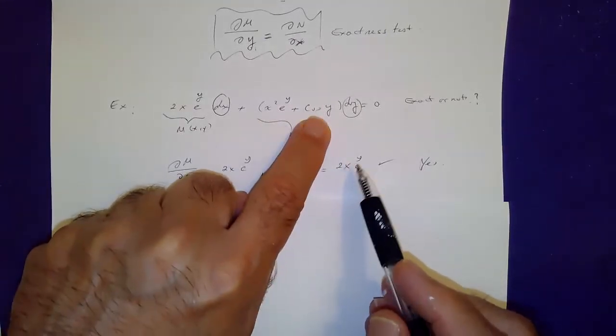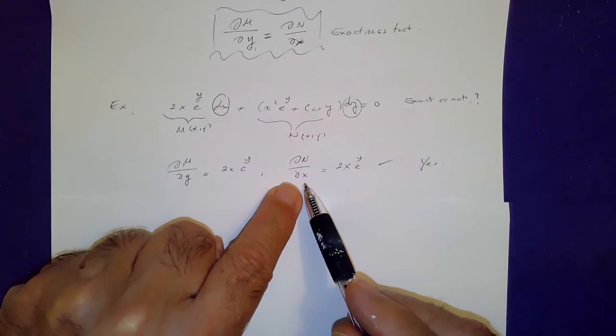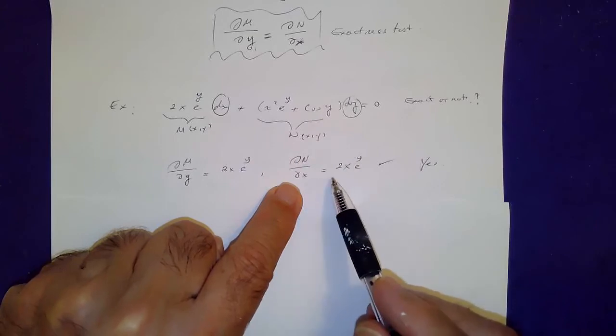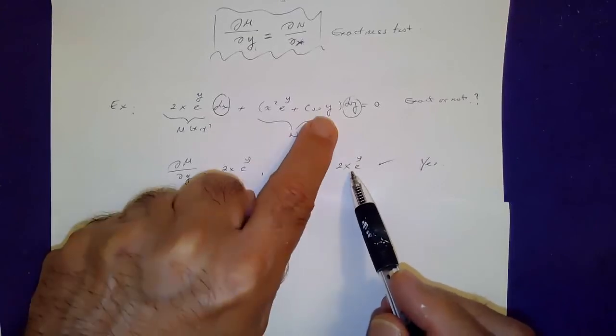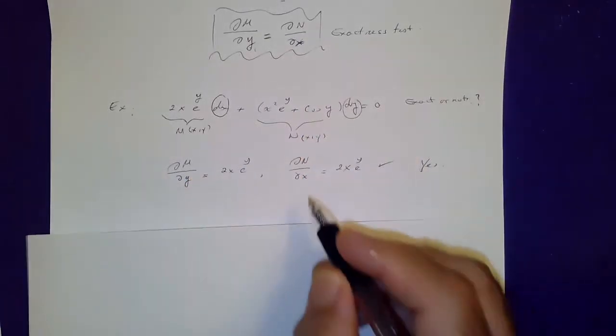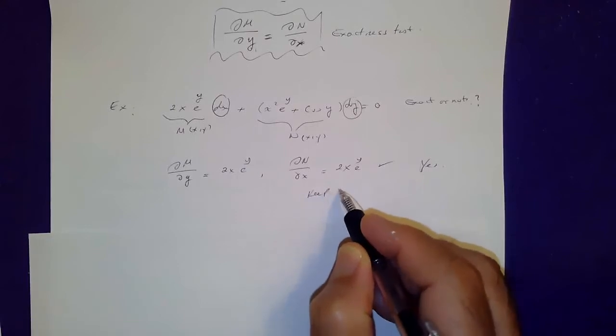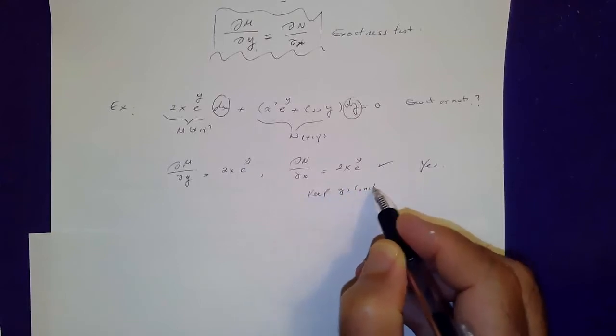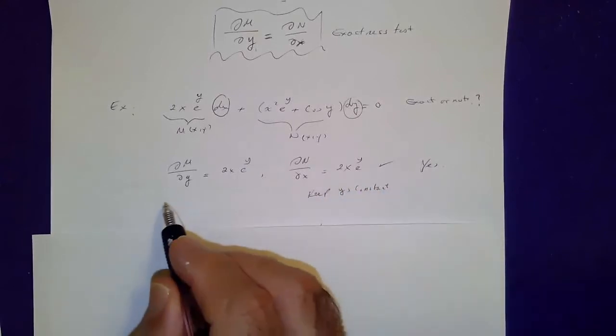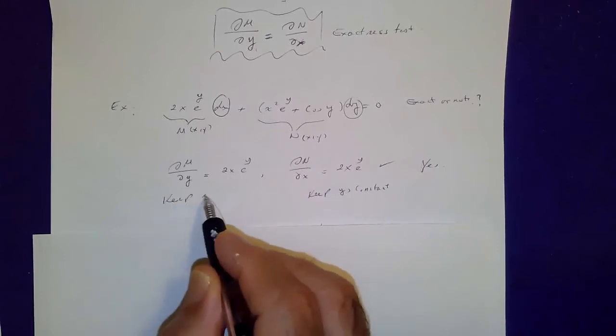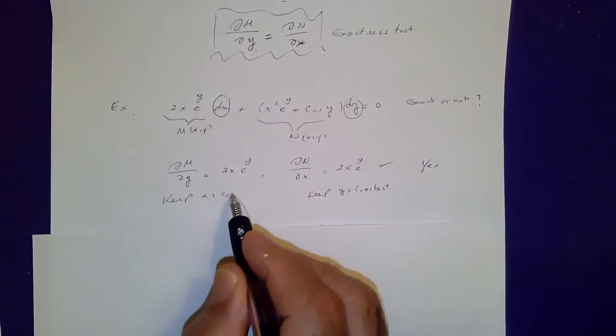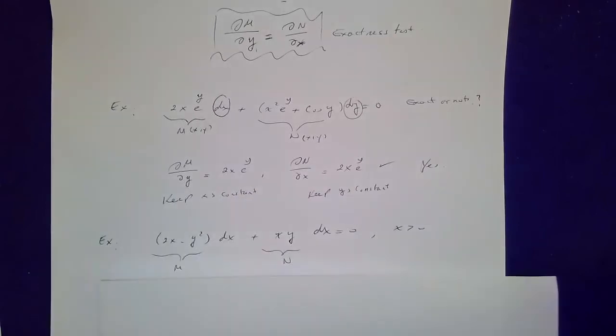And remember, y is constant because the partial derivative is taken with respect to x, so we keep the y's constant. So cosine of y, derivative is 0. So remember here, we keep what? Y's constant. That's how partial derivative works. Here, we keep what? X constant. Do you all see it?